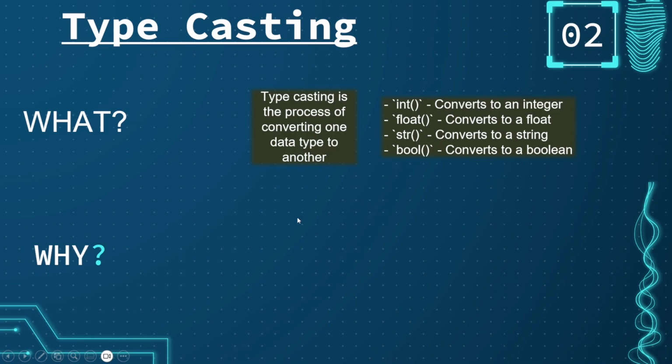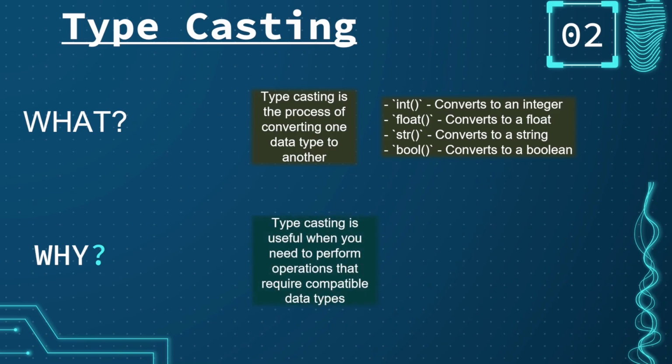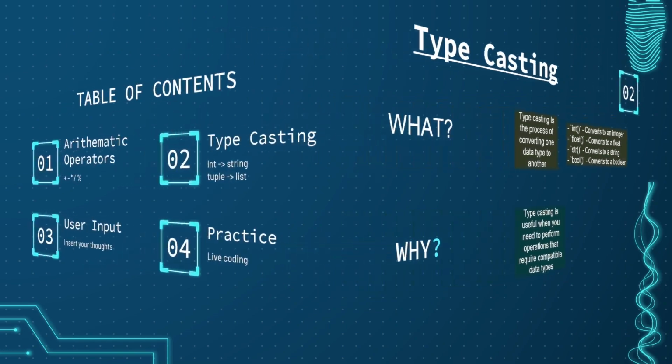But why do we need to convert one data type into another? Well, it is useful when you need to perform operations that require compatible data types. For instance, if you're combining numbers with text strings, you need to cast the numbers to strings. It ensures the program runs smoothly and prevents type errors.